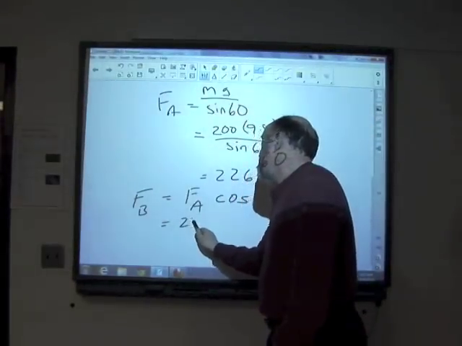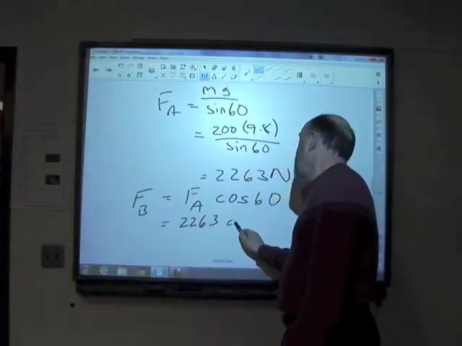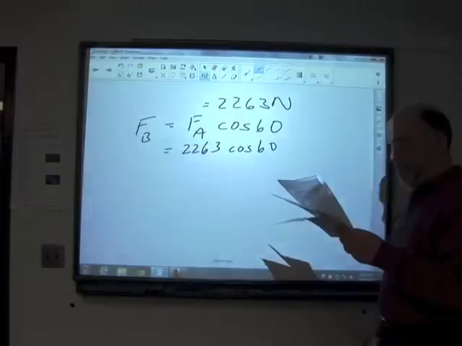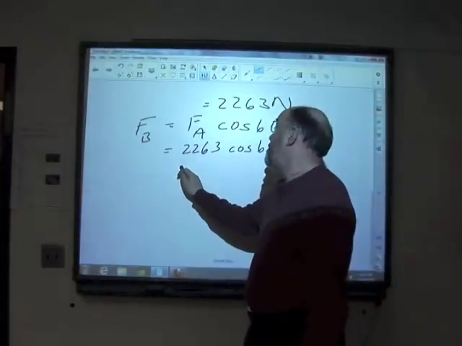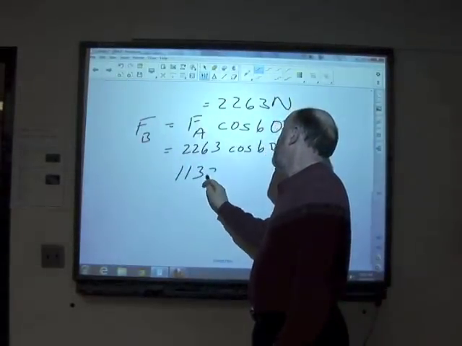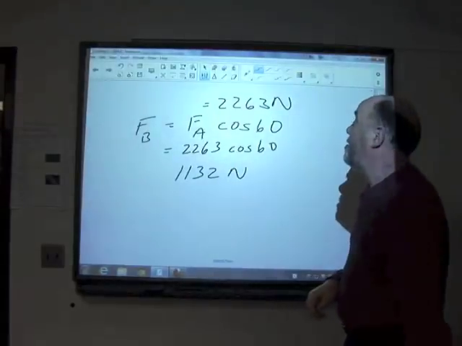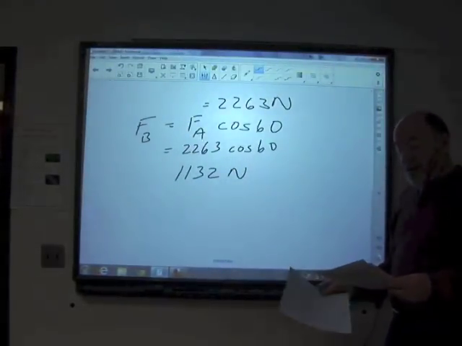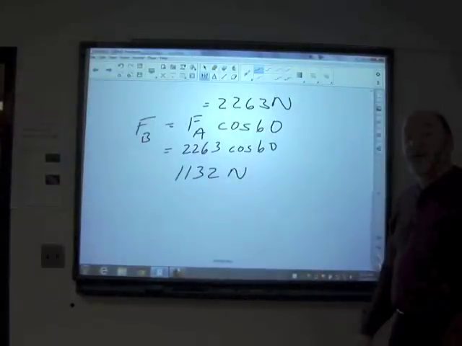So we get 2263 cosine of 60. And we plug that in, and we get that this cable has a force of 1,132 newtons. And so our object is not going to go anywhere.